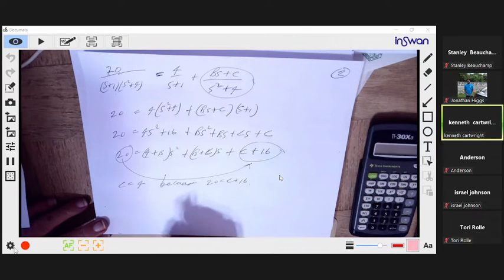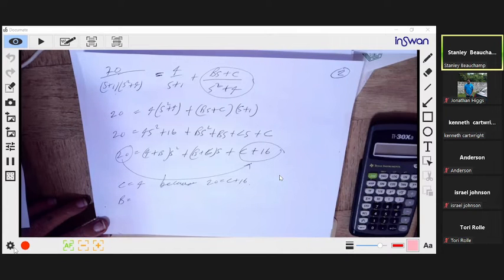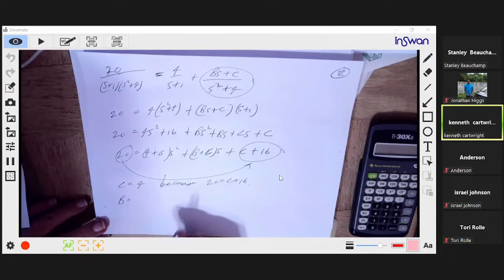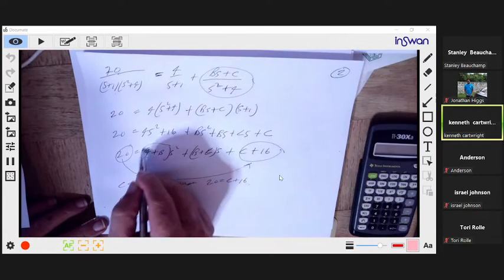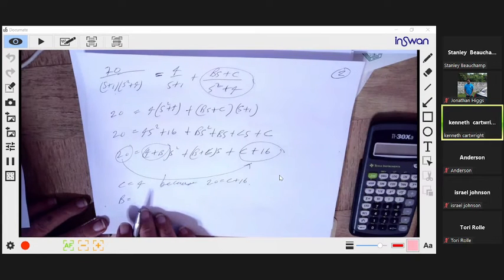What's the value of B? It'll be B plus C, close bracket, S equals 0. You could go that way, or you could simply look at this. This must be 0, right? 4 plus B must be 0.